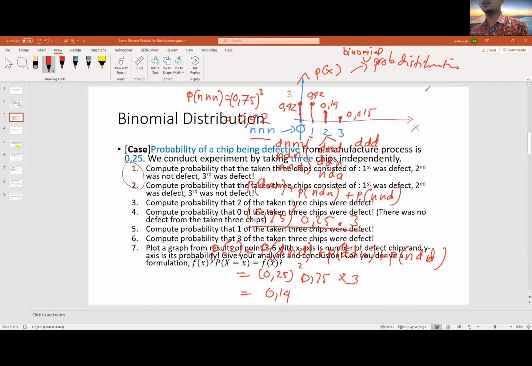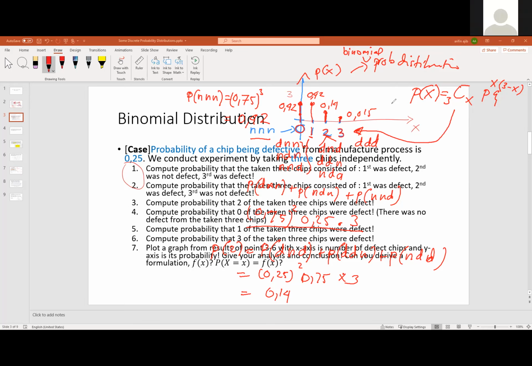Because when we calculate each point of x, we can use the formula: n choose x, p power by x, q power by 3 minus x. So each point here, 0, 1, 2, 3, the probability we can compute using this formula. Until this point, clear?